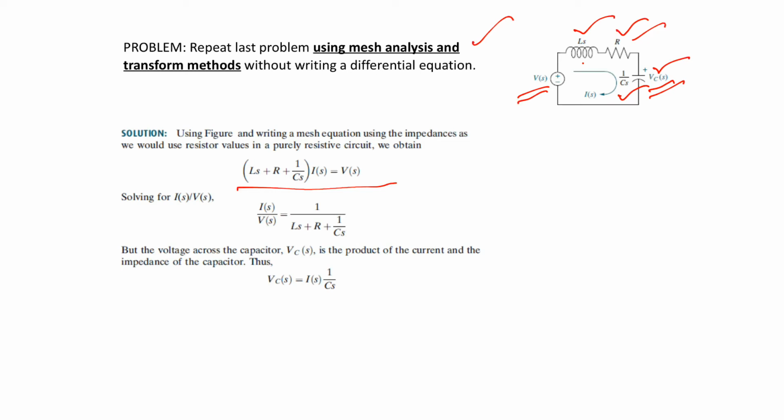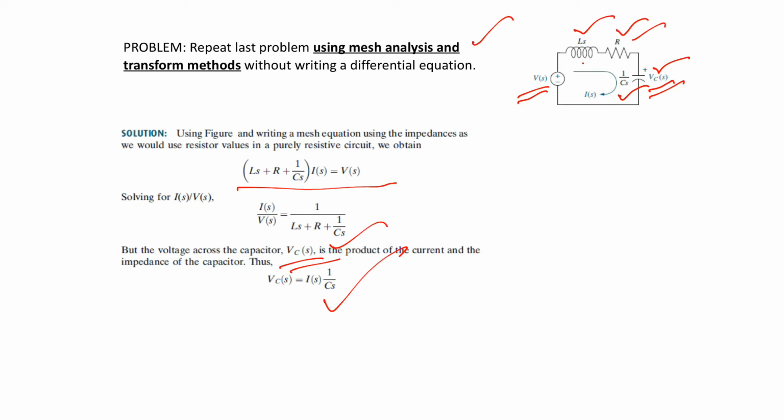Now the voltage across the capacitor can be obtained by simply using this relationship, that is Is into 1 by Cs, which is the impedance of the capacitor. So without writing the differential equation, we have simply used KVL and found the value of the transfer function.